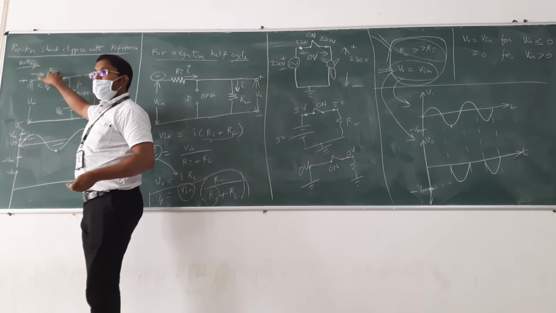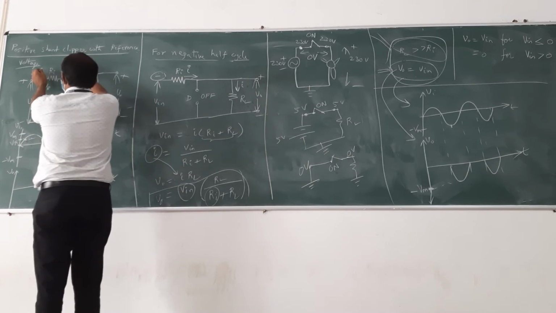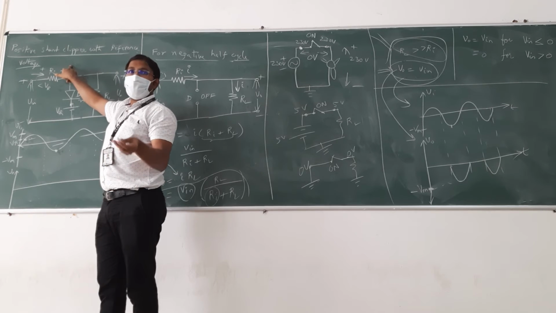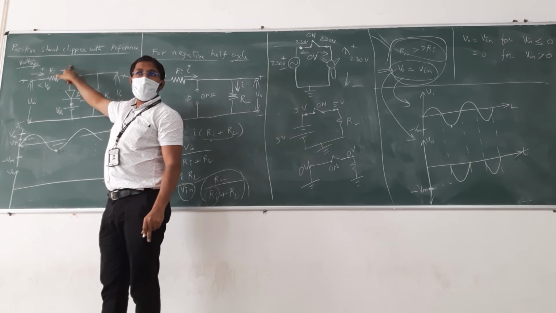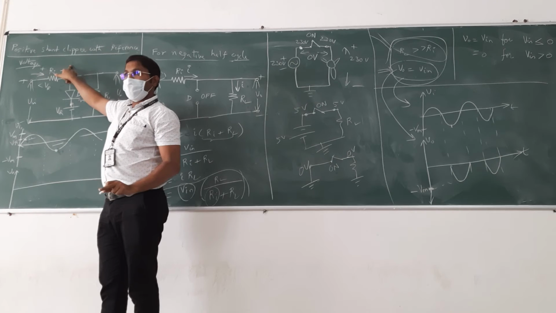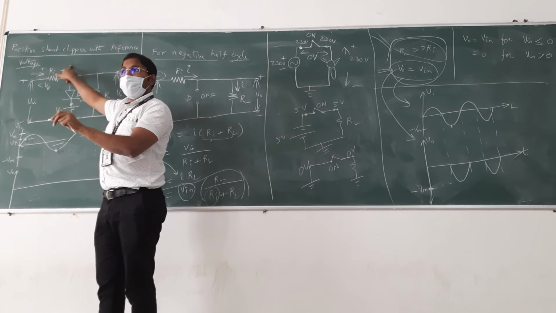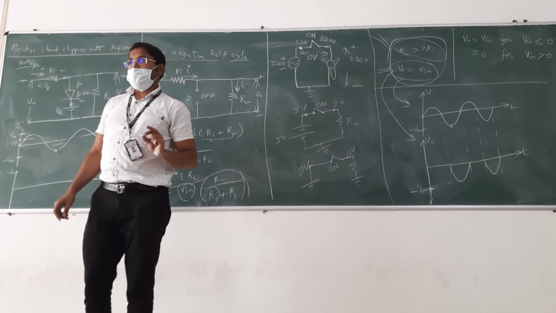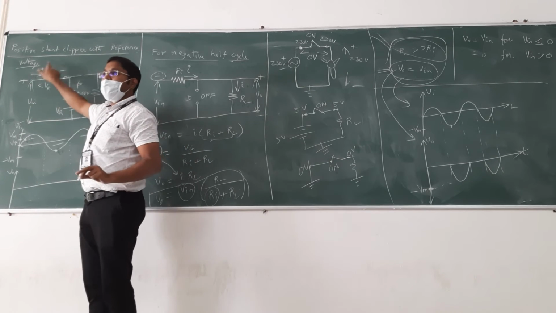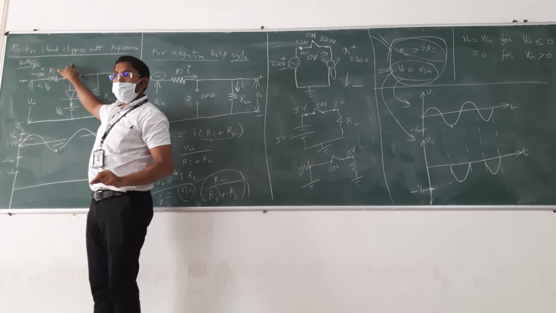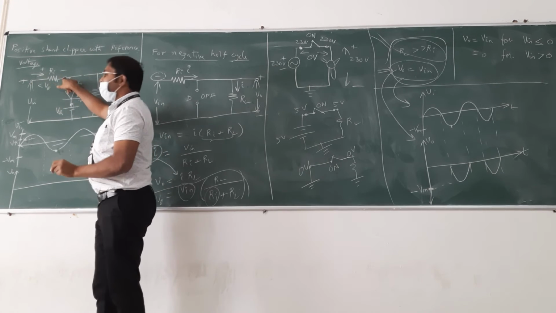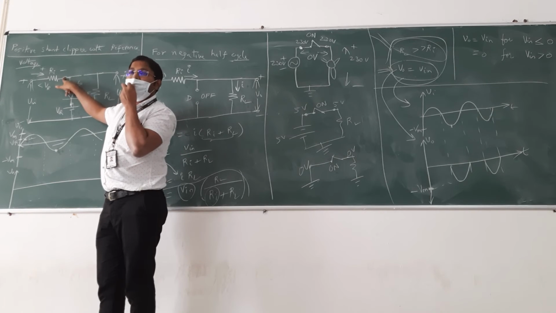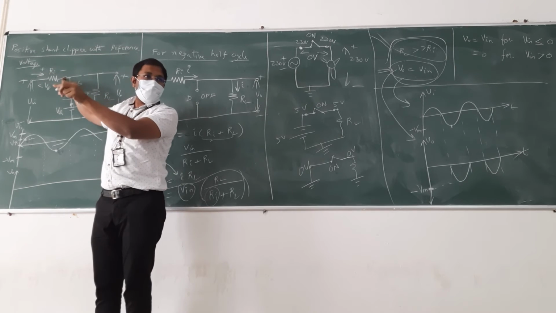When current is zero, what is the voltage drop? Ohm's law. Current is zero, voltage drop will be how much? Zero. Voltage drop or voltage difference, both are said. The voltage here minus the voltage here is zero. The voltage here is Vin. What will be the voltage here? Vin. Same. Difference is zero.